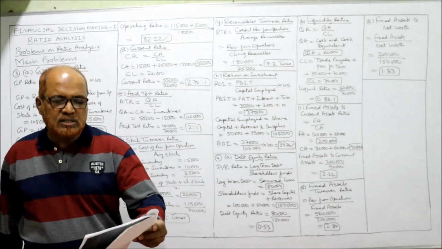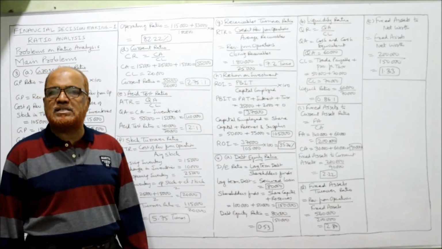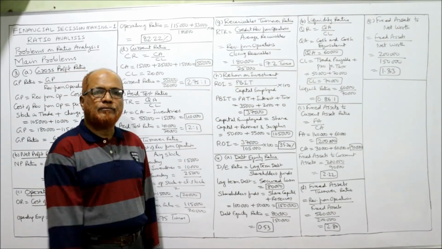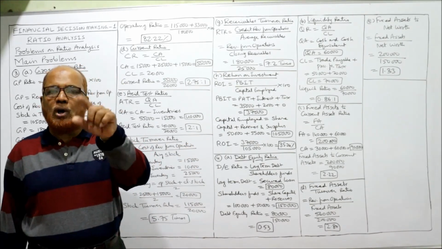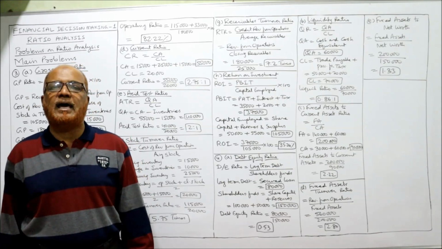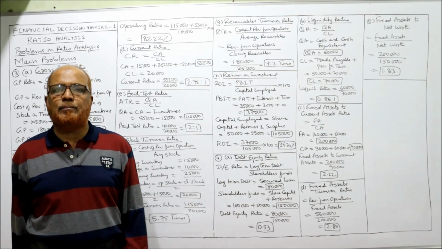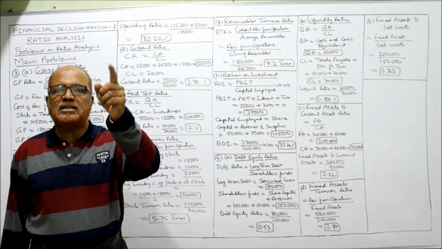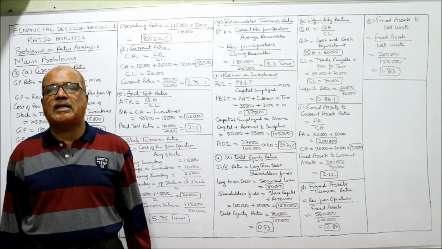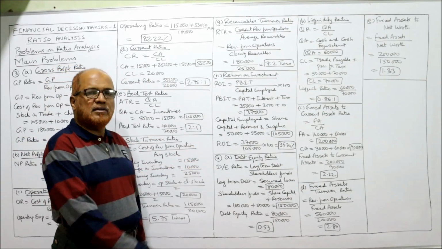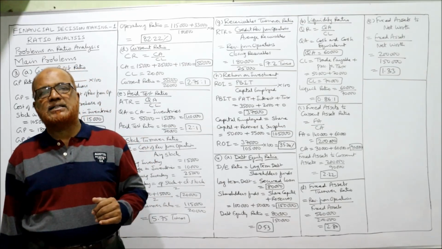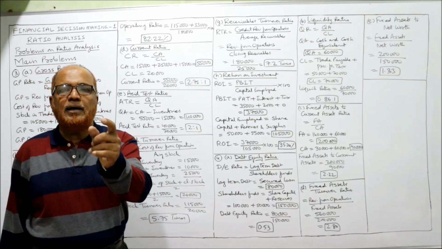The last ratio is return on investment, ROI. Return on investment is also known as return on capital employed. Both mean same. The formula is PBIT divided by capital employed into 100. So PBIT, profit before interest and tax. How to find out PBIT?